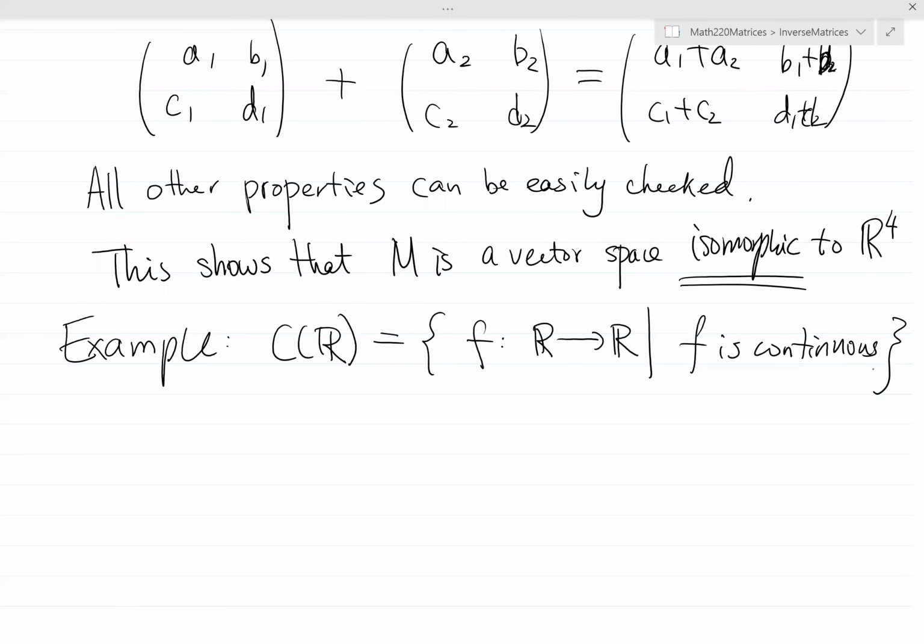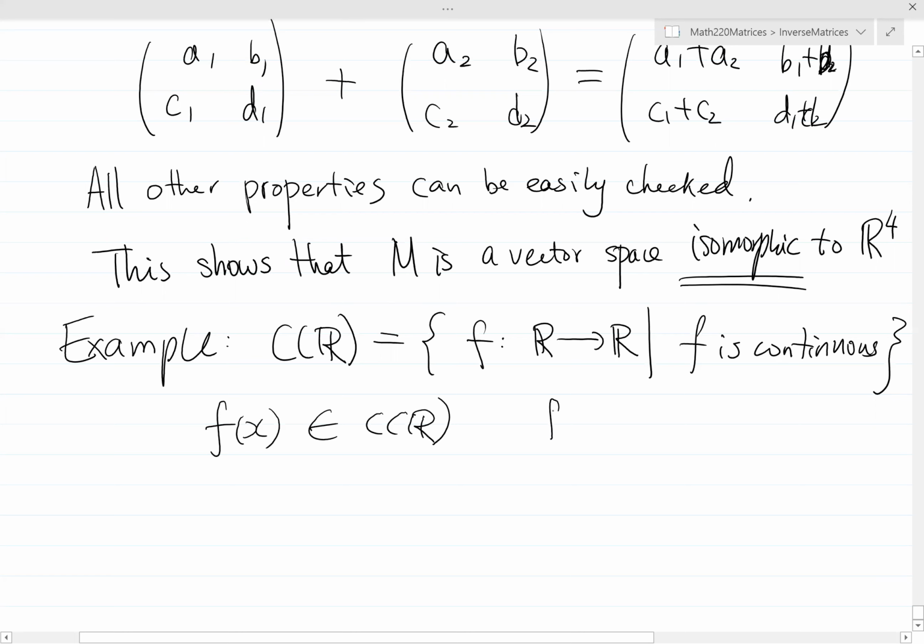So we can equip a vector space structure on C(R). C(R) is a set of objects, real continuous functions. We can equip the vector space structure by defining vector addition and scalar multiplication. If we have two continuous functions, we can add them.